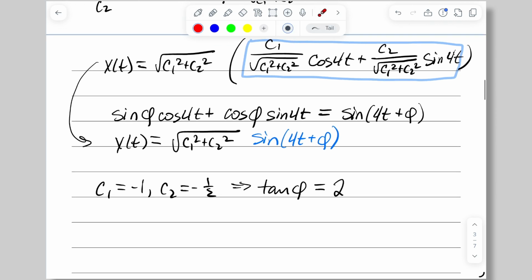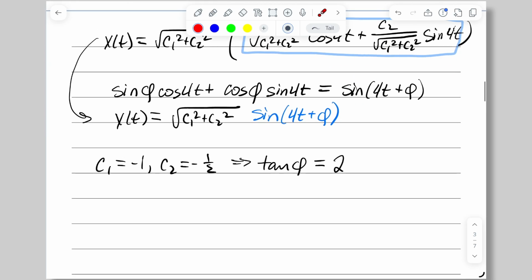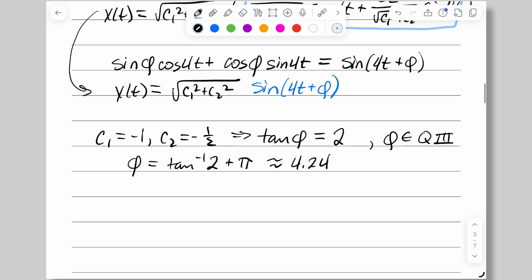But note, if c1 and c2 are both negative, then the sine and the cosine are both negative, which means that phi terminates in quadrant 3. So in radians, phi is going to be the inverse tangent of 2 plus pi, which is about 4.24.